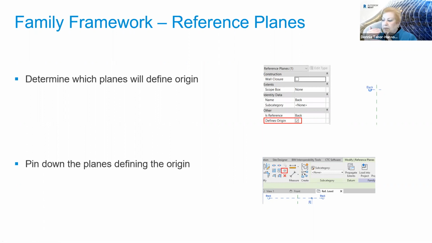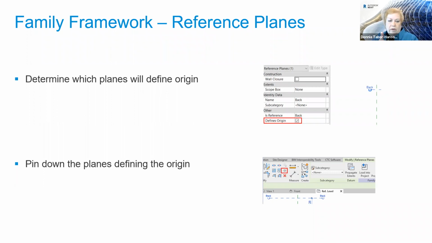When a reference plane is pinned down, you're saying, this is going to be my origin. I'm going to pin this one down, and I want all movement or growth to grow from that point out. So if I'm putting down the back, if I want this family to flex in length or depth, if it's in the back, then I want it to flex from the back forward. I don't want it to flex from the center. So therefore, I want to make sure the only one that is pinned down is the back.